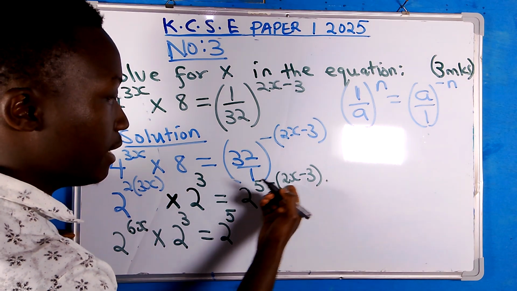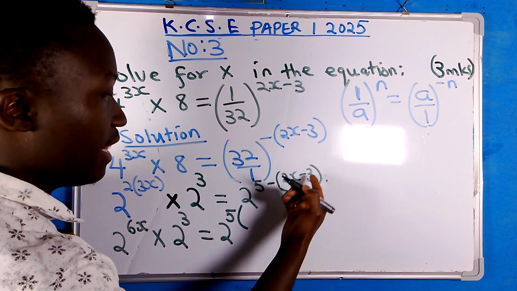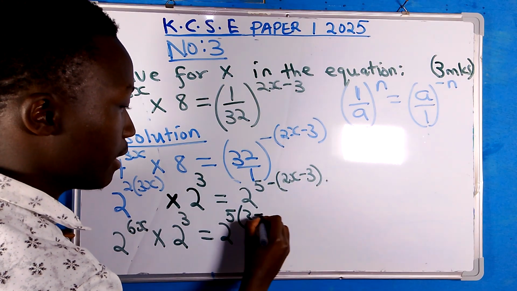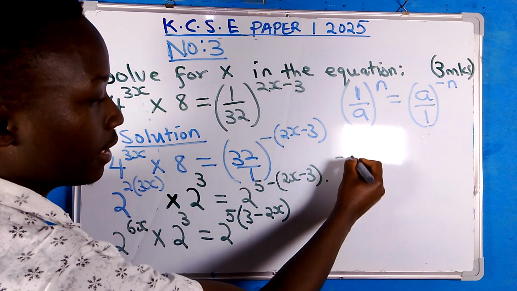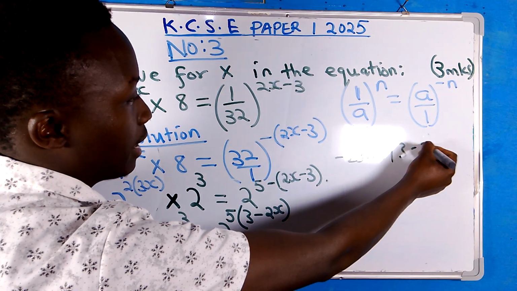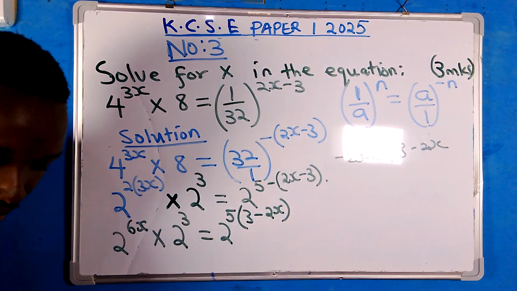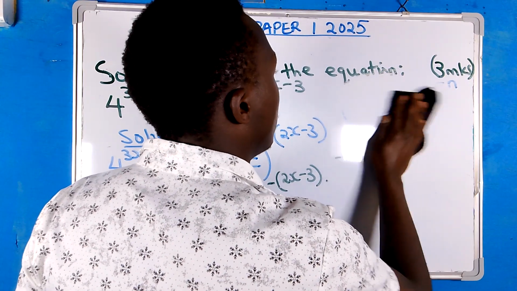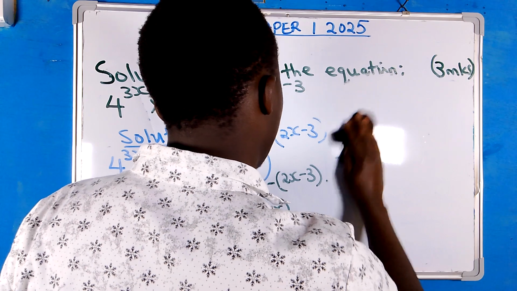Then we can open this bracket, and once we open this bracket, we will get 3. Negative times negative will be 3 minus 2x. I've interchanged minus 2x plus 3, I've written it as 3 minus 2x. So let's clean up this part here.